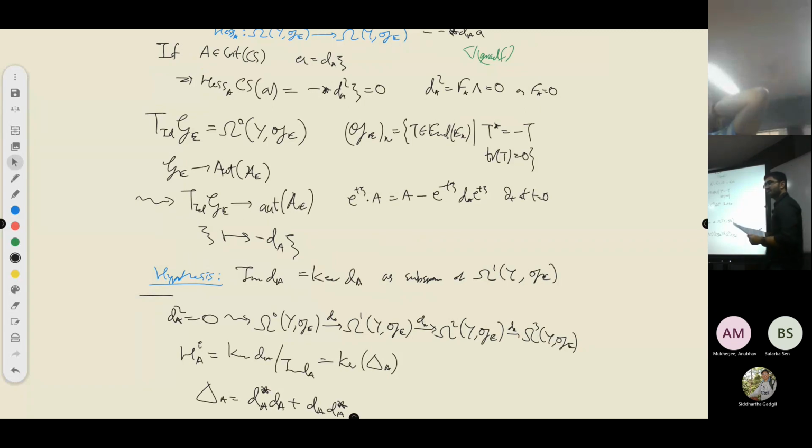When it's flat, you get a complex which corresponds to the representation, the flat bundle corresponding to the representation. So what you're saying is that this twisted de Rham cohomology, presumably cohomology with coefficients in the module which is the representation, is zero.